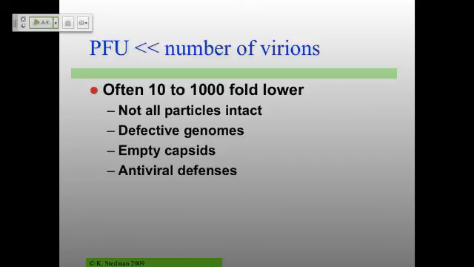Often you'll have a defective genome. We'll talk about virus mutations, particularly for RNA viruses, which have very high mutation rates. A lot of these are going to be genetic changes. Many of these genetic changes will lead to a non-functional genome. Well, if you're just counting genomes with your qPCR assay for HIV, it's like, oh, look, there's HIV there.